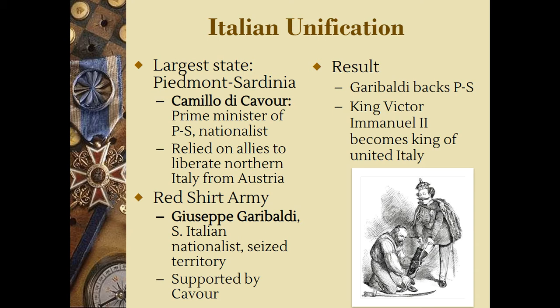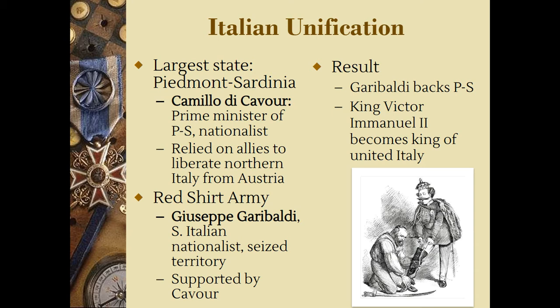So we again see here that this idea of nationalism has again weakened Austria. Like we talked about yesterday, Austria is increasingly growing weaker. So the positive for this, for Piedmont, Sardinia at this point, is that they have now expanded their territory. They have also unified northern parts of Italy.